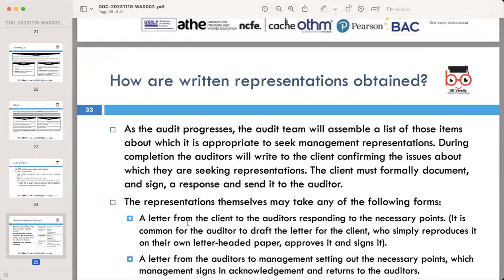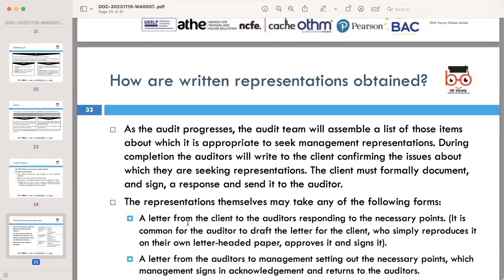How are written representations obtained? When auditors are checking companies' finances, they make a list of things they need to ask the companies about. The list includes important items that the company needs to confirm or explain. We call this list management representations.